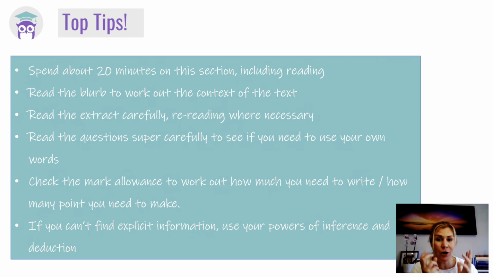And if you can't find that explicit information, use your powers of inference and deduction, read around the text in order to find yourself the answers that you need. And if you come across, for example, vocabulary that you just don't know, try and decode it by looking at the context of the sentence and thinking to yourself, what word could work there? And make this all make sense, all right? So just have a go at doing that decoding.